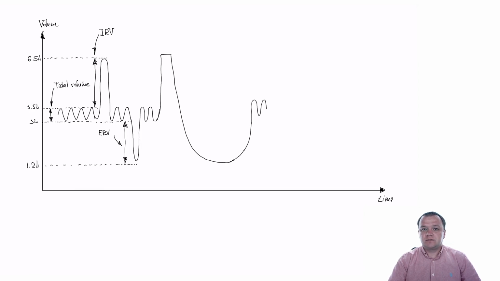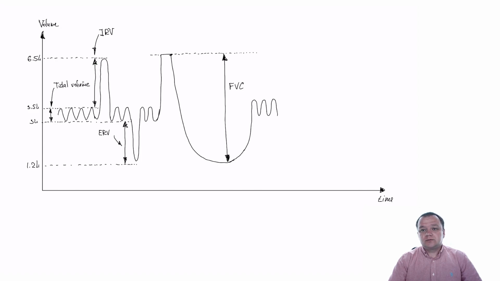Let's analyze the obtained curve. The difference between the maximum point and the lowest point on the curve is called forced vital capacity, or FVC for short. The definition of forced vital capacity is almost the same as the definition of vital capacity. It is the volume of air expelled from the lungs during a maximum expiration, starting after maximum inspiration. The only difference is that the forced maneuver should be made as hard as possible.